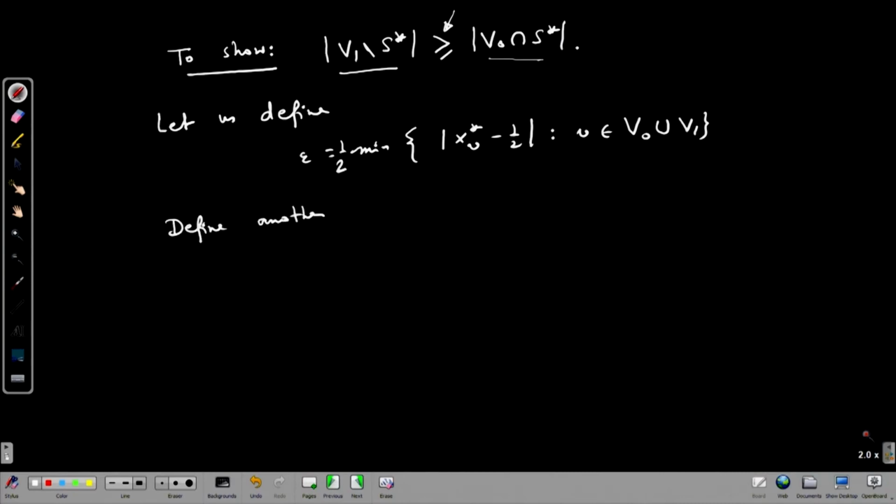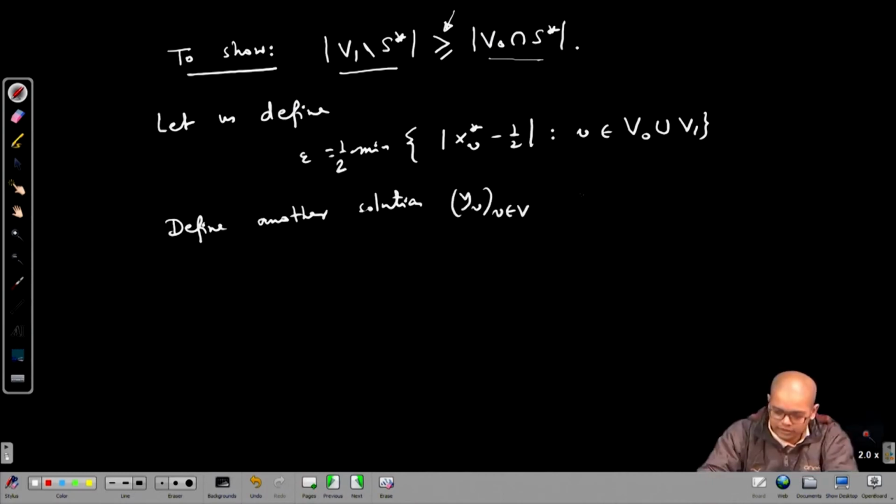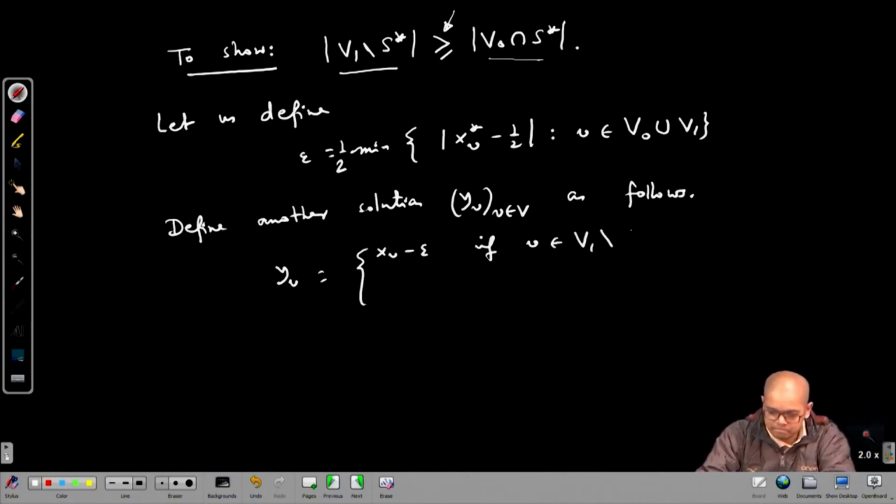Okay, so define another solution y_v, v in V, as follows. y_v is x_v minus epsilon if v is in V1 minus A star, x_v plus epsilon if v is in V0 intersection A star, and x_v otherwise.